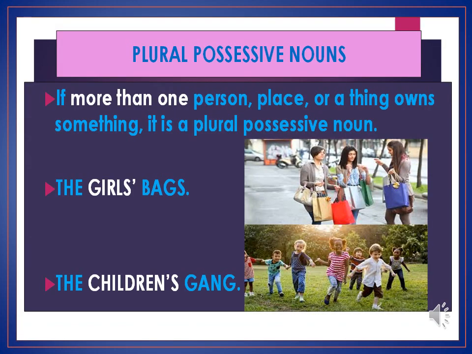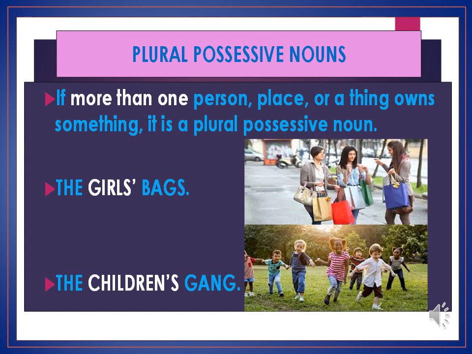This is about plural possessive nouns. If more than one person, place or thing owns something, that is a plural possessive noun. We form it by adding again an apostrophe and an s. But if a noun ends with s, as in the example girls, we add just the apostrophe after s.